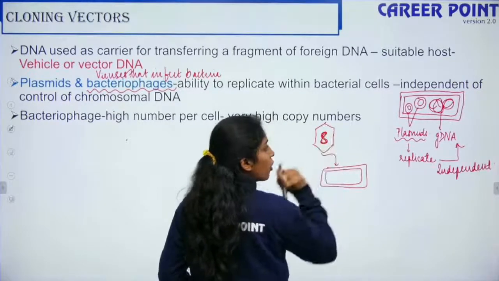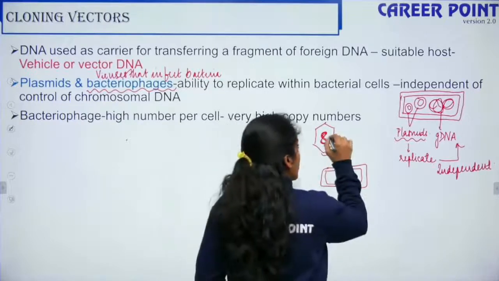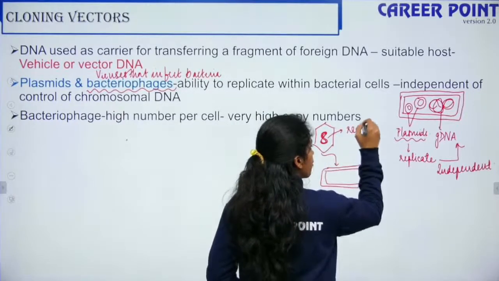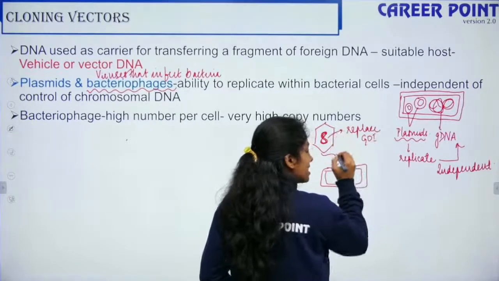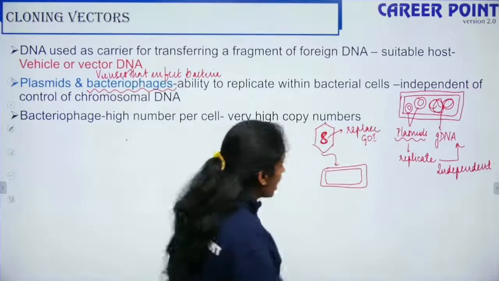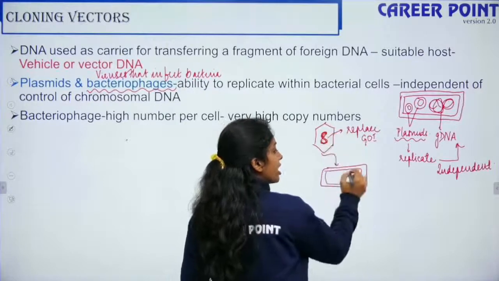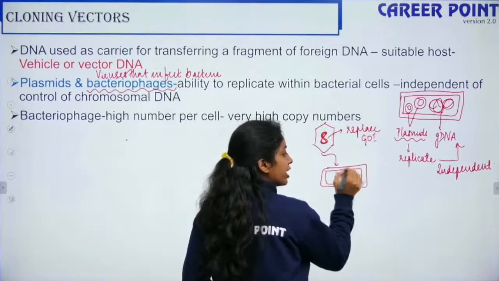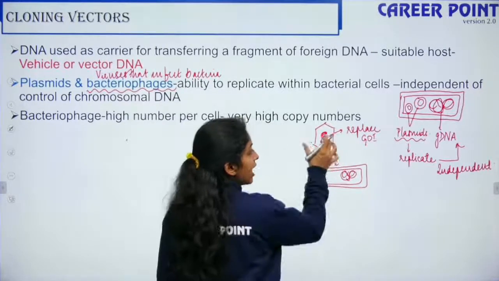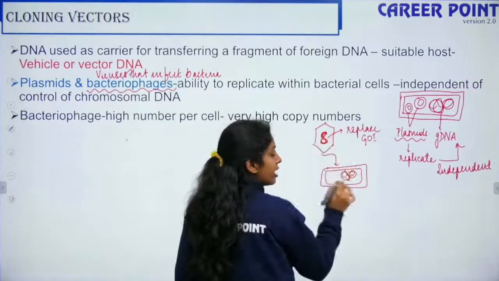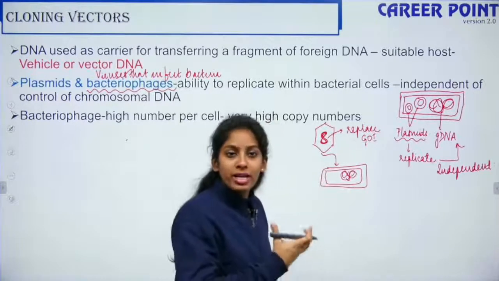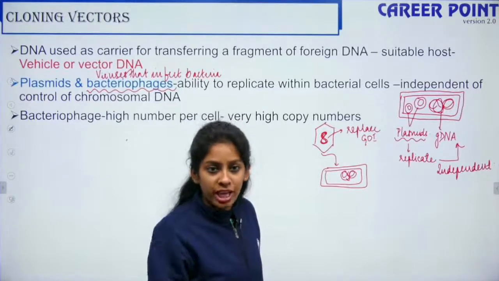So instead of the virus genetic material, if I replace it with my gene of interest, now it acts as a plasmid. When a virus enters the body, it integrates its genetic material with the genetic material of the bacteria and the entire thing dies. This DNA or RNA gets integrated with the genomic DNA and it continues replication.